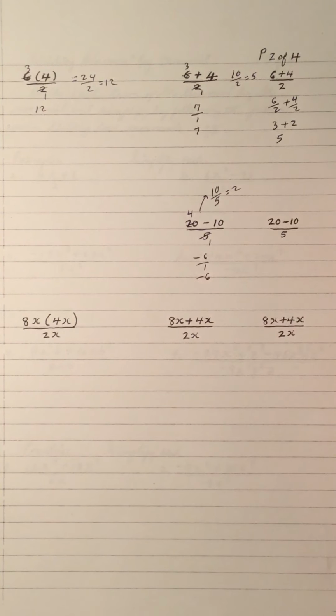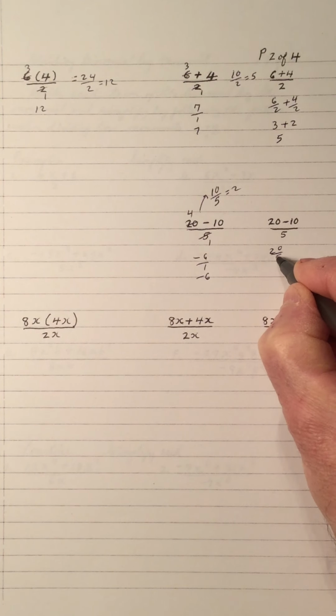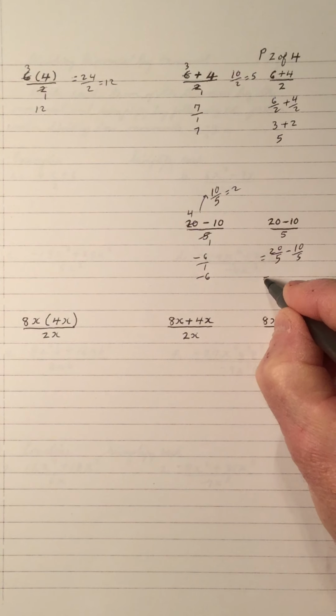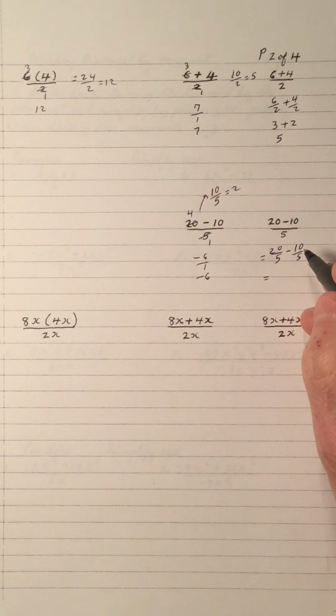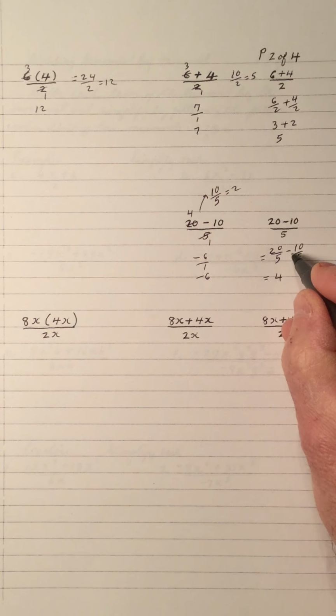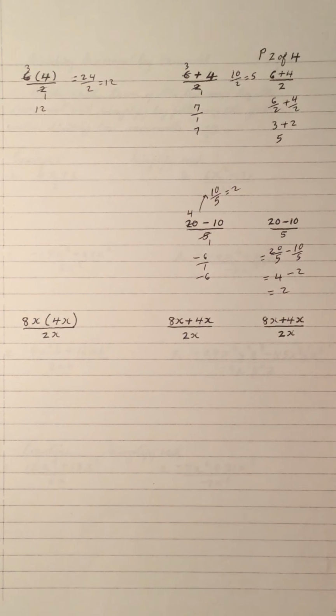But I should be getting a 2. So what happens? I have to divide the 5 into both of them. If I do that, then I will not make an error. 5 goes into both of them. So 20 divided by 5 is 4. And 10 divided by 5 is 2. So 4 minus 2 is 2.